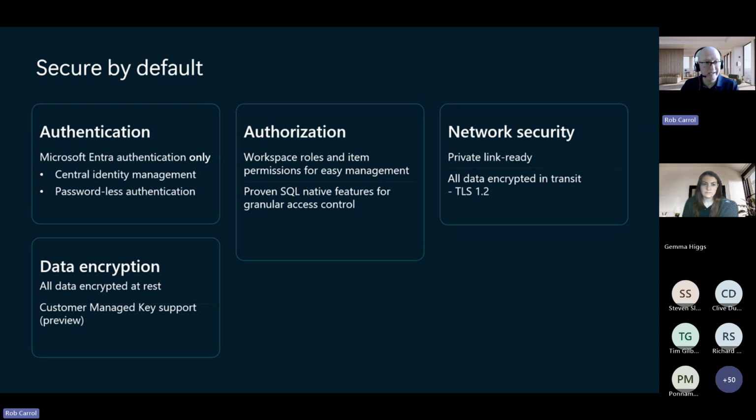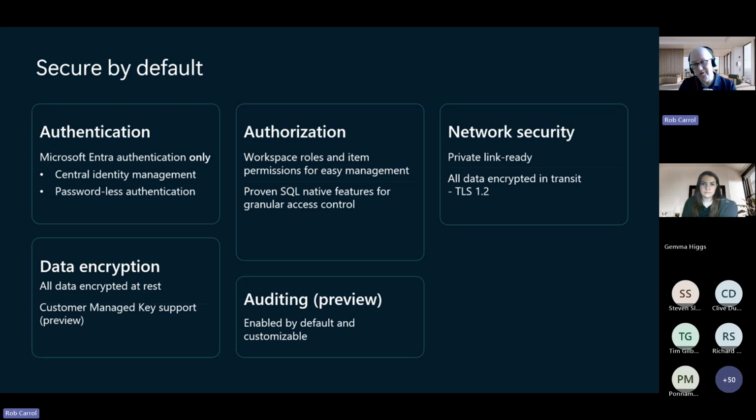And as of yesterday, customer managed keys are also supported in preview for SQL database in Fabric. And we also have auditing available in preview as well. So the SQL audit that you're used to in your IaaS or on-prem SQL servers is now available in Fabric SQL database.